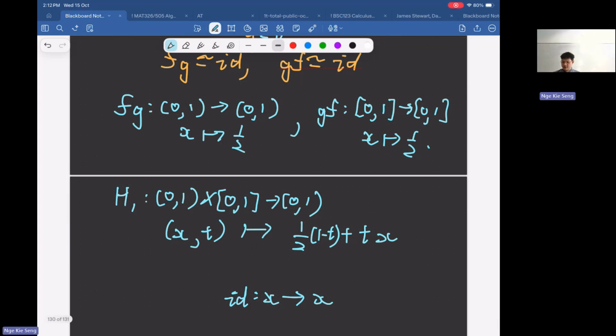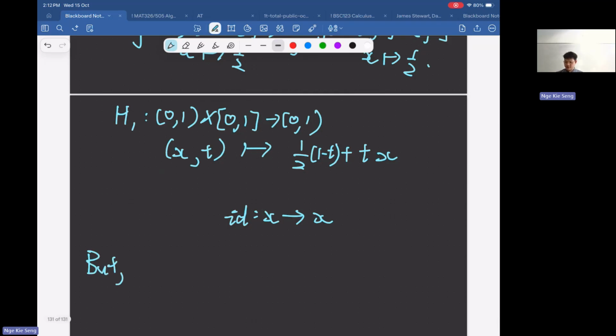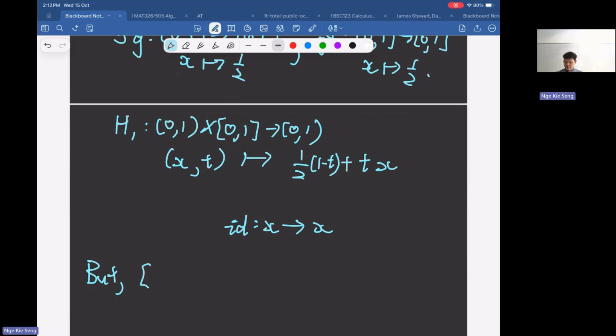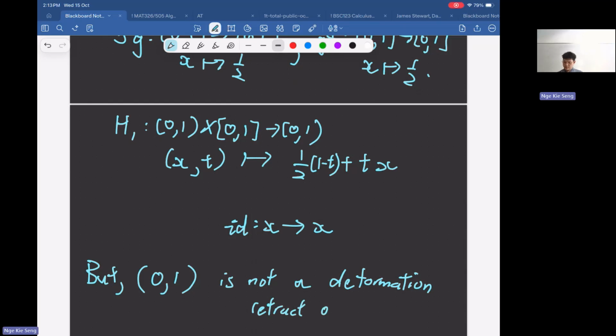But one thing to note here is that even though we have this homotopy equivalence, this open interval is not a deformation retract of the closed interval 0, 1. Meaning there's no homotopy between the identity on the closed interval and a retraction onto this space.